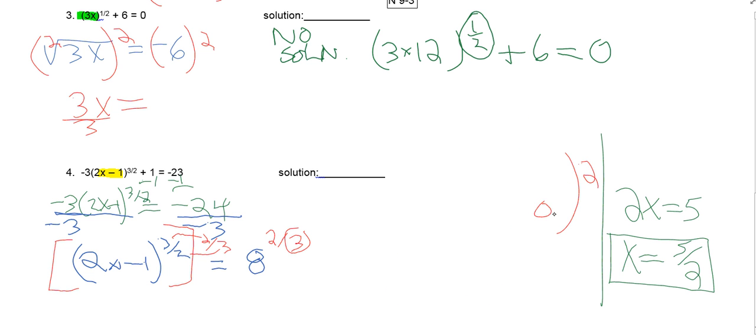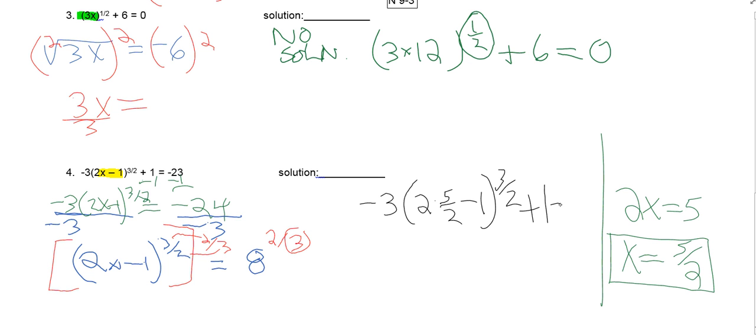Let's see what we have here. And we have a negative 3 times 2 times 5/2 minus 1 raised to the 3/2 plus 1. And let's see if that in fact equals a negative 23. So this is being multiplied here in the middle. 2 times 5 is 10. 10 divided by 2 is 5.